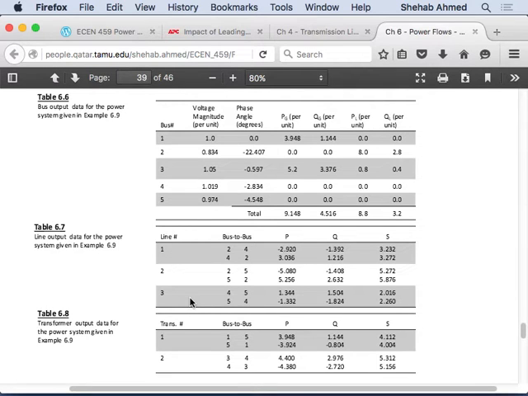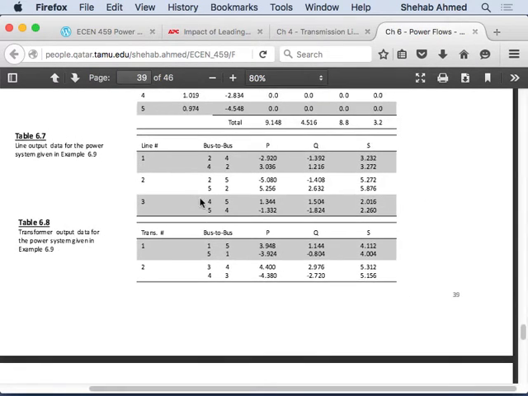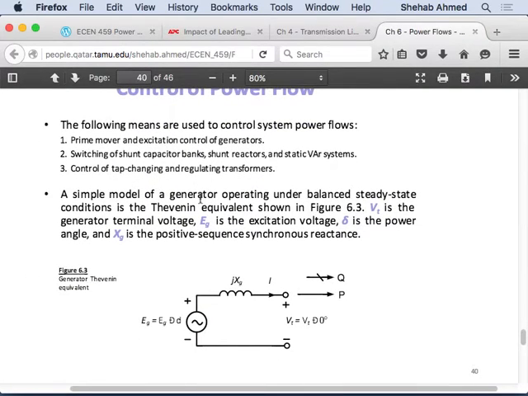So if you solve it manually, these are the solutions that you'll get. I recommend doing this exercise. Go through it and build a 3-bus system, or do it for this 5-bus system. For this 5-bus system, you don't need to calculate all the elements of the Jacobian matrix for the first iteration.